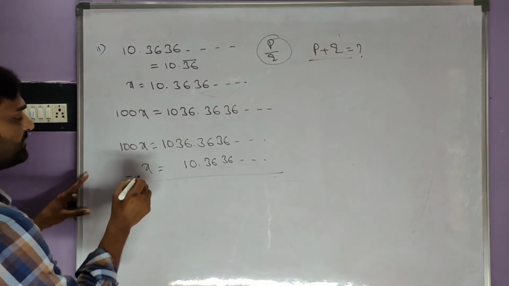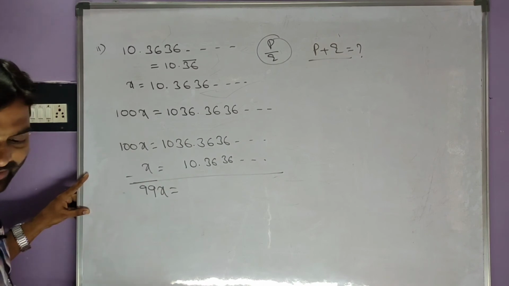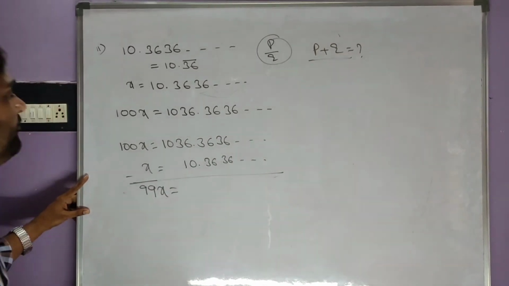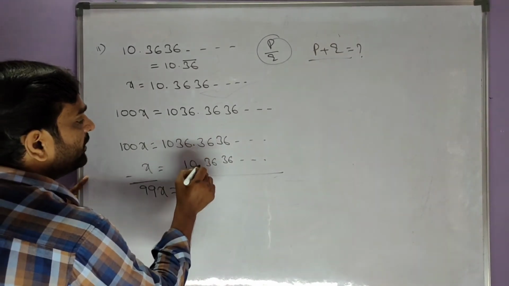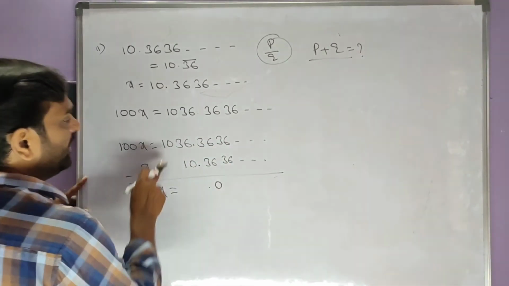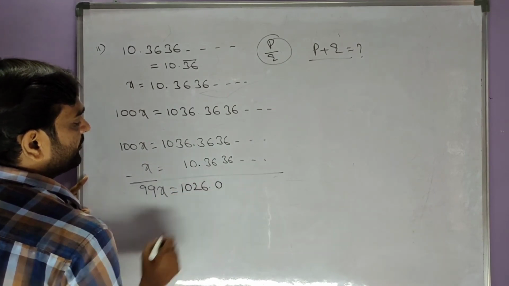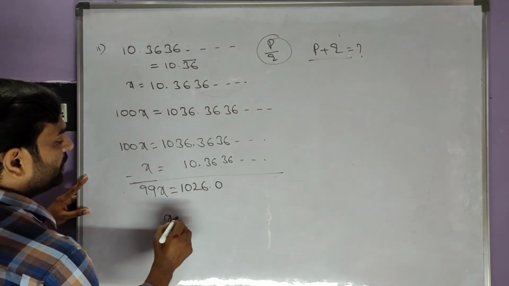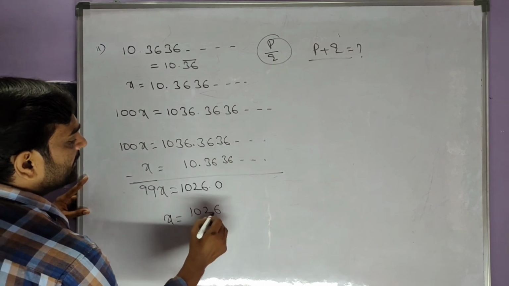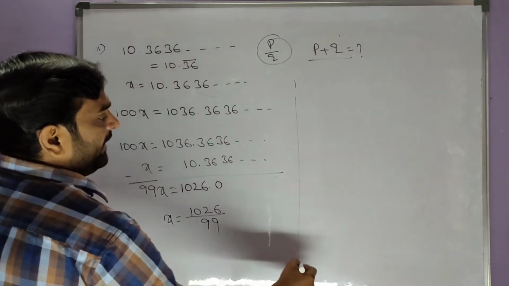Subtract: 100x minus x is 99x. After the point we have the same 3636, so after the point put 0. 1036 minus 10 is 1026. So x is equal to 1026 by 99.